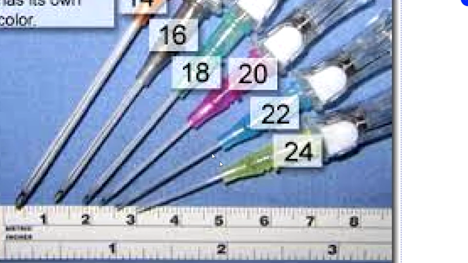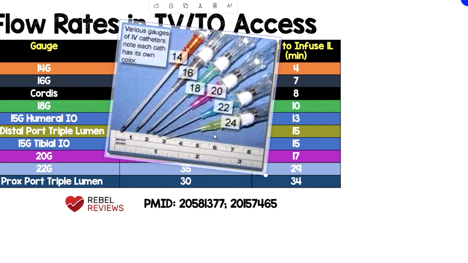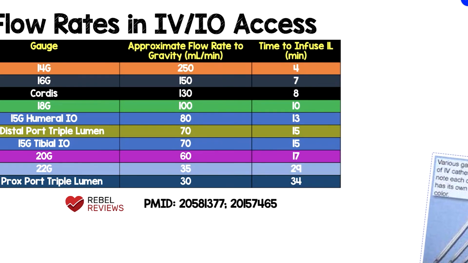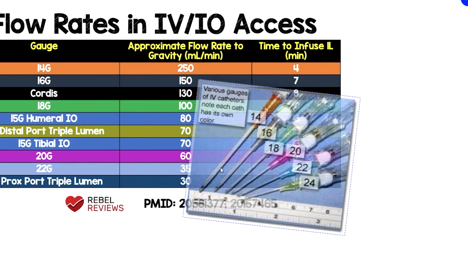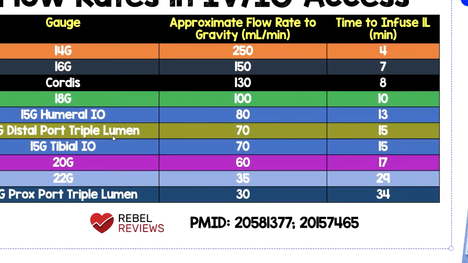Let's shrink this back down. And let's look at our chart here. So if we look at flow rates, and these will be a little different than what you have on the front of the catheters that I showed.